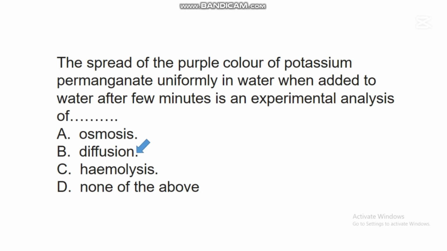So the purple color of this chemical will spread uniformly in that water, showing that diffusion has taken place. So this chemical is very important in doing analysis concerning diffusion.